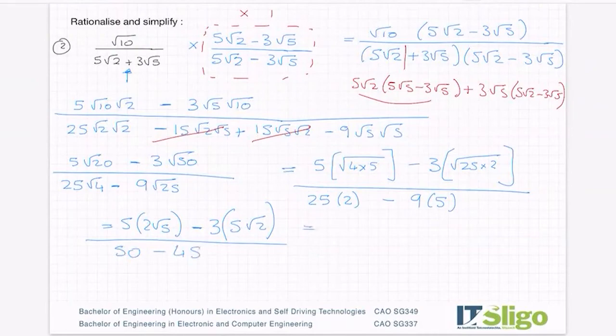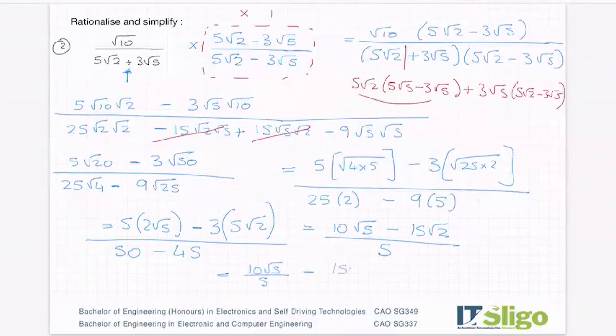Okay, so then what you do to simplify is you go 5 by 2 is 10, root 5, minus 3 5s are 15, root 2, all over 5. Okay, so how do you simplify that? Well, when two parts are over a fraction, you can write them individually. So that's 10 root 5 over 5.